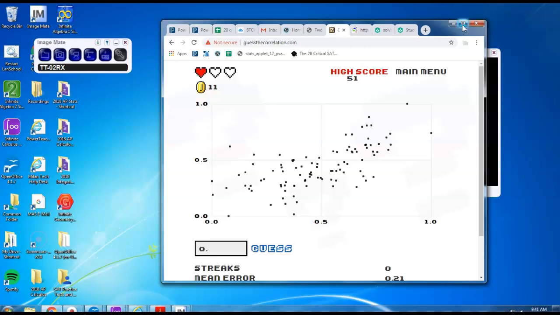All the dots are the same, so it's not negative. All these are positive, at least the ones that I've seen. That's kind of like upward. I would guess. Oh, I got 17. But that doesn't mean it's right.